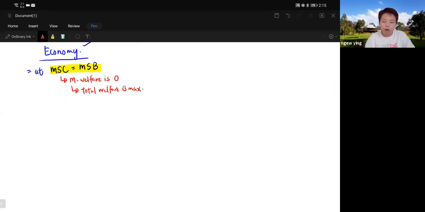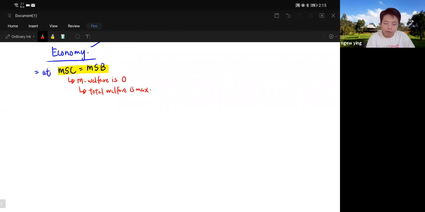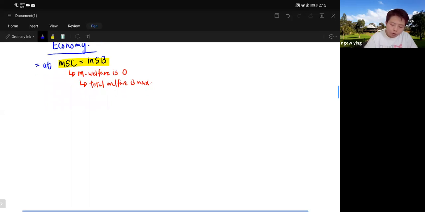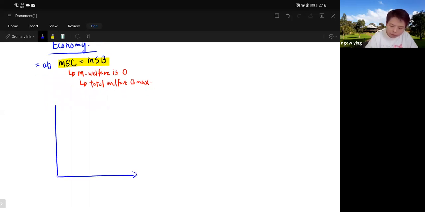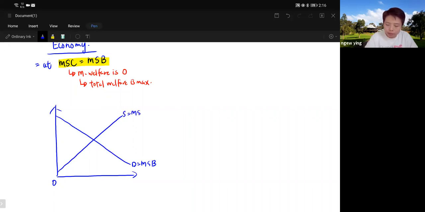If you want to offer a diagram for allocative efficiency, it is very simple. You just need to draw the demand and supply diagram like what we have learned previously. The demand curve represents the benefit curve, marginal social benefit, and the supply curve represents the cost curve, marginal social cost.